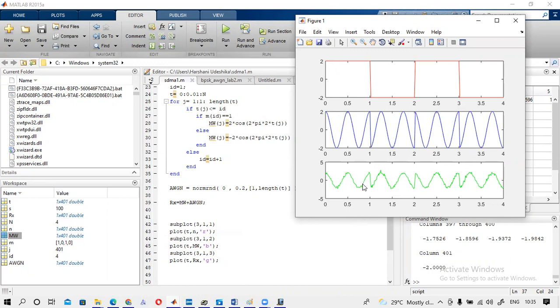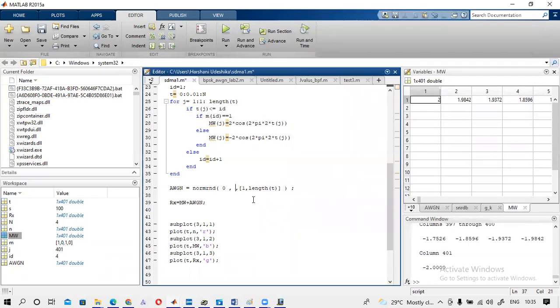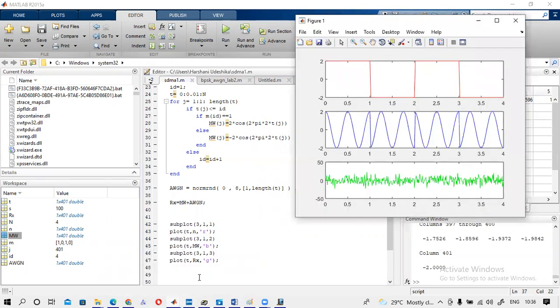Okay, so if I add a very huge power, let's say 5 or 6, 7, 8, what happened? Now you can see that the signal is very distorted. Sometimes we couldn't recover the transmitted signal from the received signal.